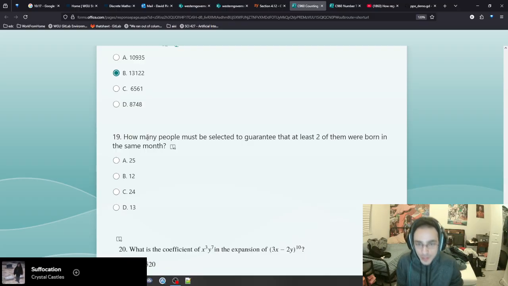Alright, let's see. Okay, how many people must be selected to guarantee that at least 2 of them were born in the same month? What if they were all born in the same month? This is the pigeonhole principle, right?